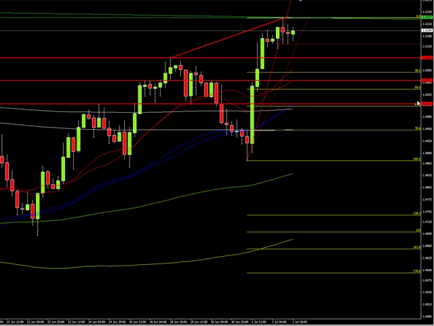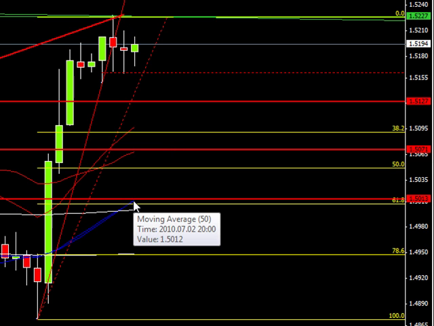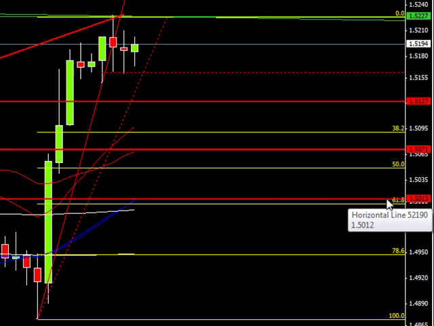My favourite out of all these three is the 150 level. I pull back down to 150. The reason being is the price has a habit of gravitating back towards the 50 period moving average on the 4 hour, and at the moment that's around the 150 level, 1.50 round number. So I'd like to see price come back down to around 150.